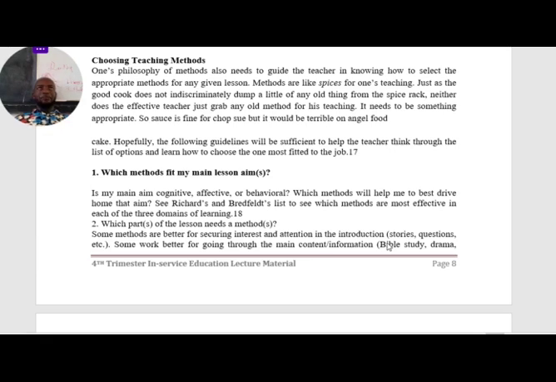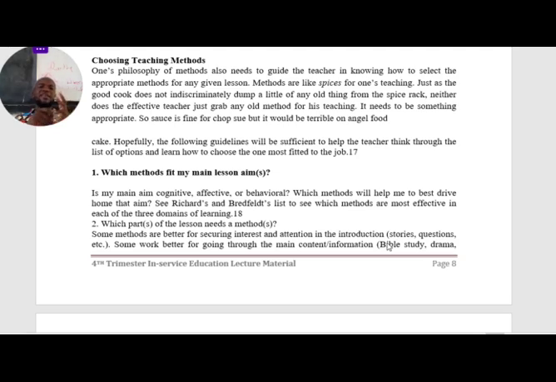I have to look at the method which can help me to score the goals of my lecture or my lesson altogether. So I have to see, is my main aim cognitive, affective, or behavioral? Is the aim of my lesson cognitive, affective, or behavioral?